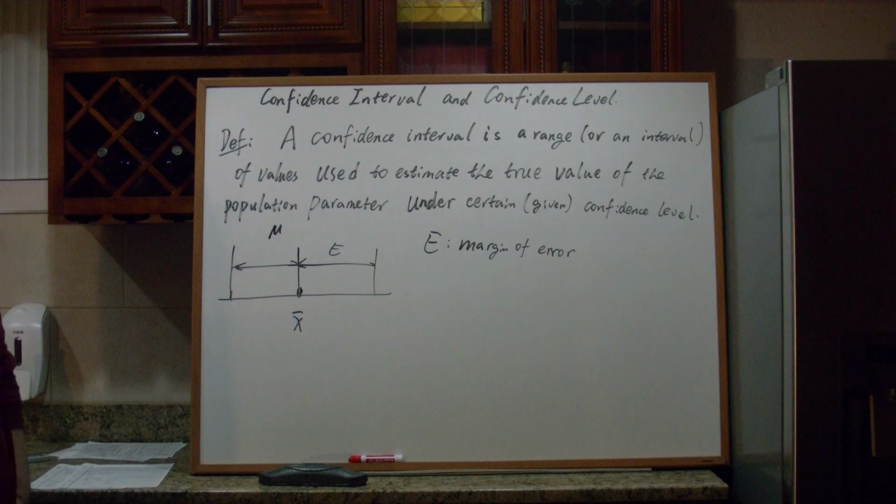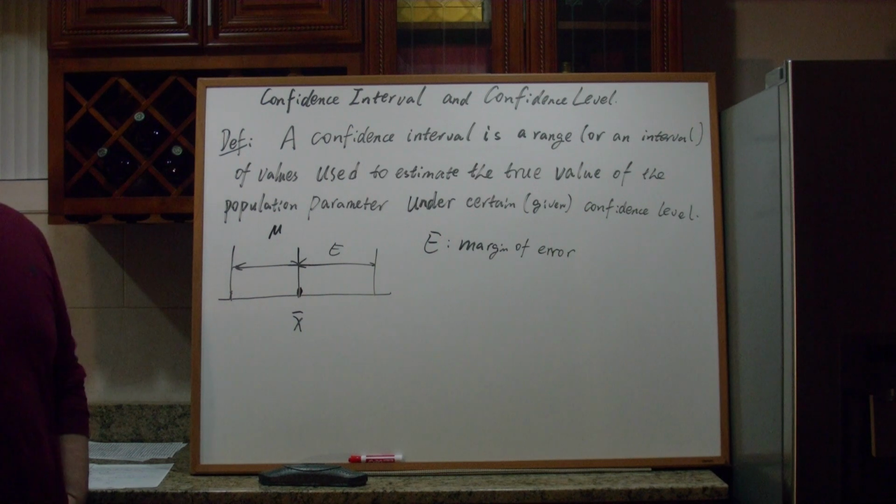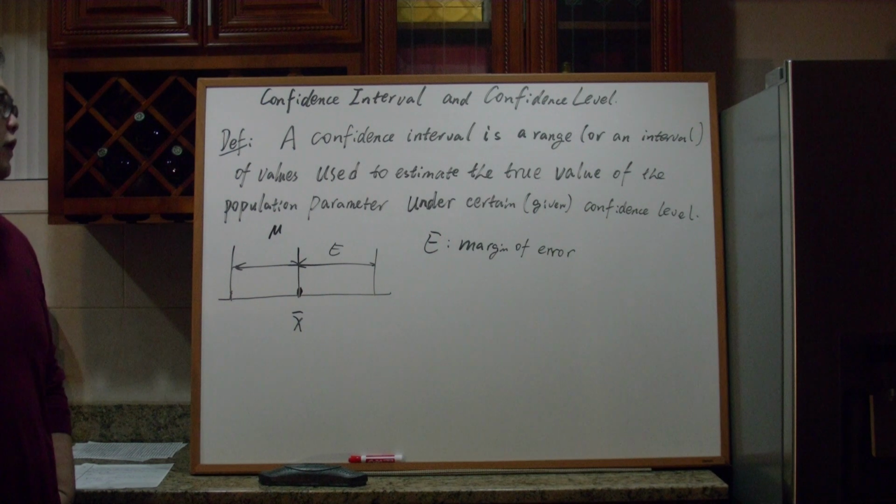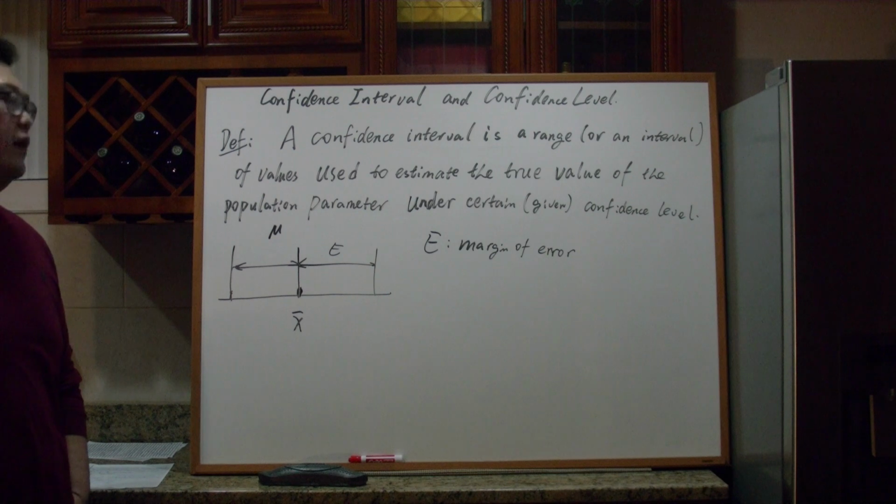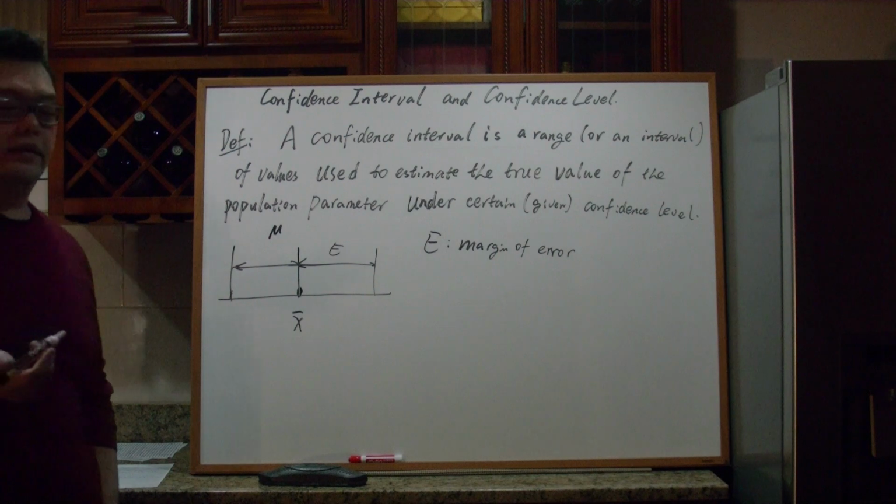The margin of error is based on the distribution, which follows the central limit theorem. Then the margin of error will be based on the z-score, the variance and the sample size.